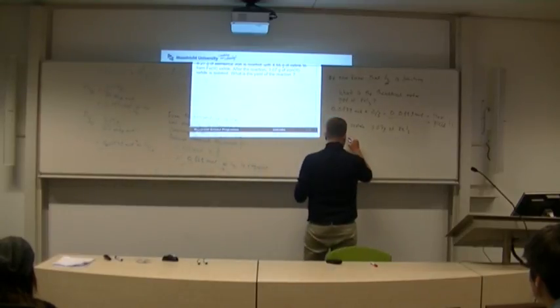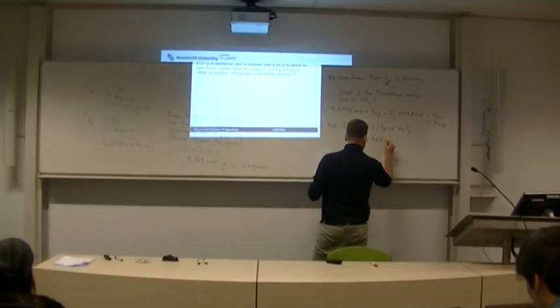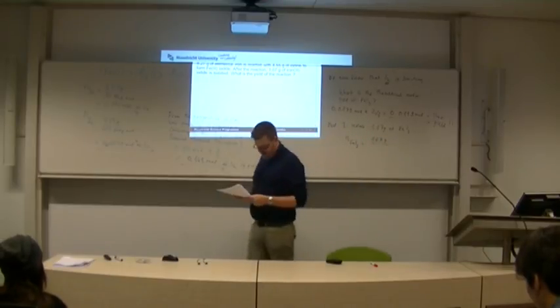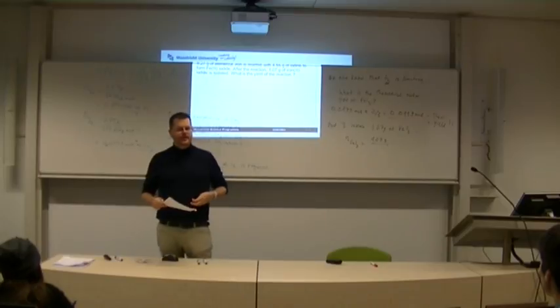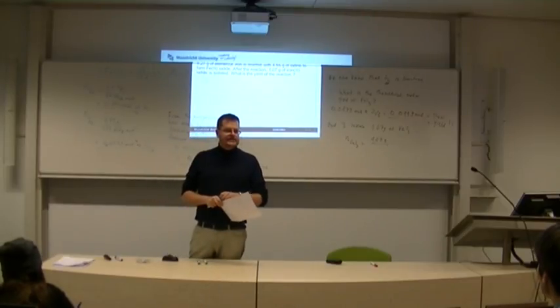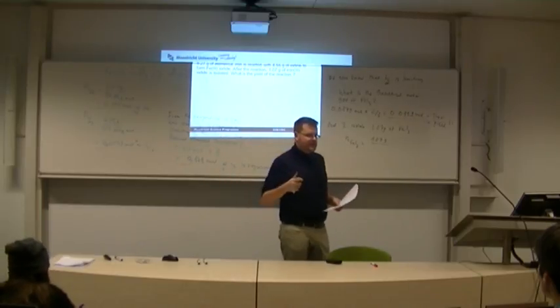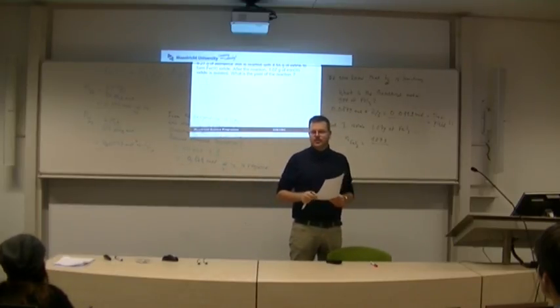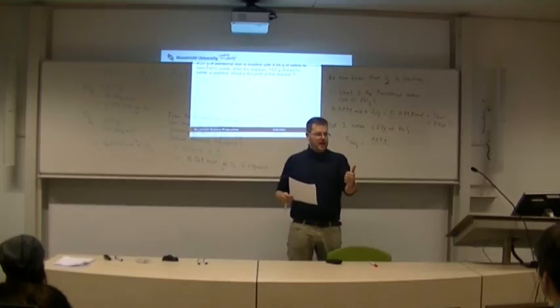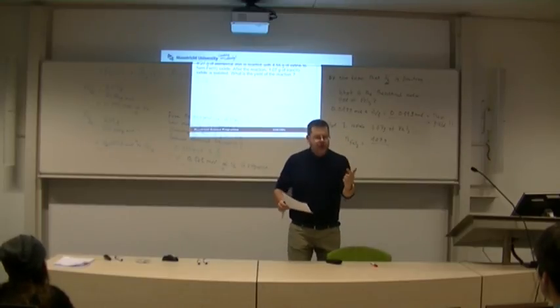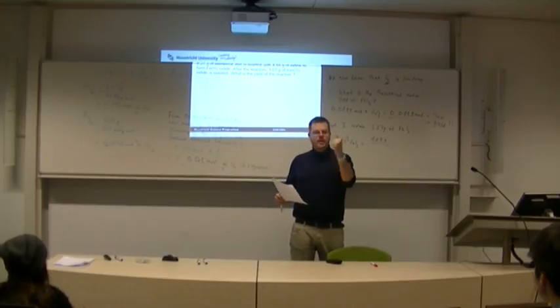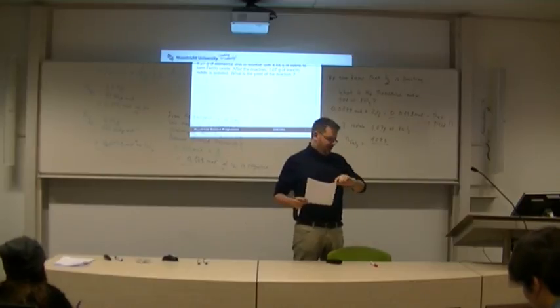So the number of moles of iron iodide is 1.07 grams divided by the molecular weight of iron iodide. How do we calculate that? It is the molecular weight of iron plus 3 times the molecular weight of iodine, because the formula is FeI3.